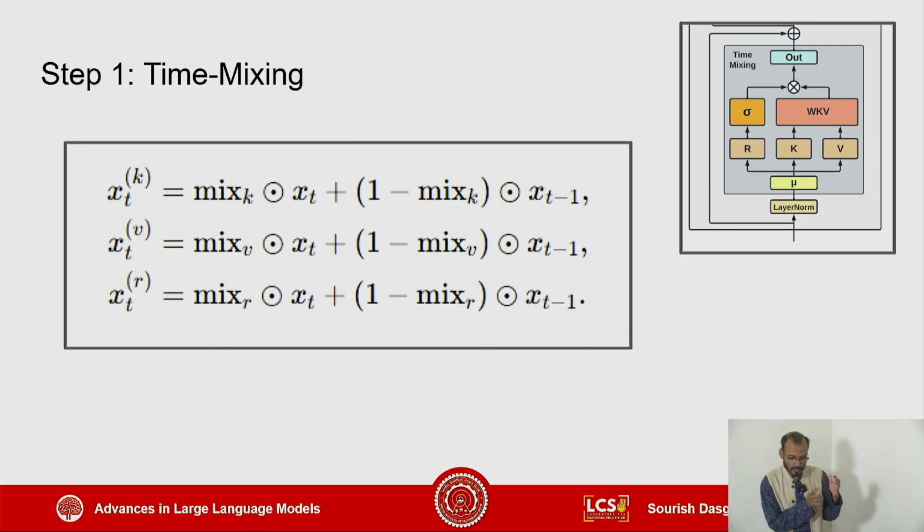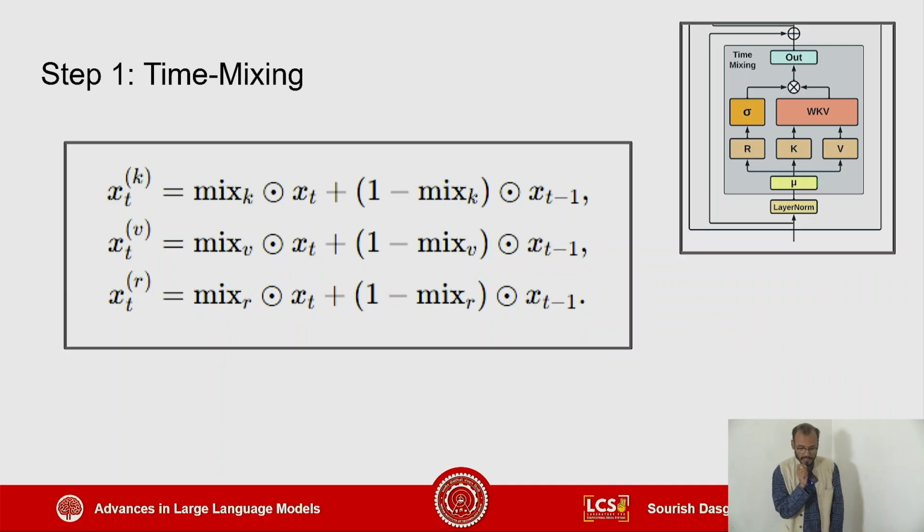And I will create this new mixed version of information at that time step, which means what is the situation till now, till Mary. So John loves Mary has occurred, and I'm focusing on Mary right now, which is the third word, and I'm trying to understand what is the situation till Mary, and that is xtk, right?